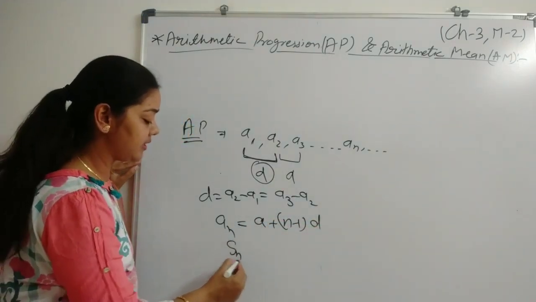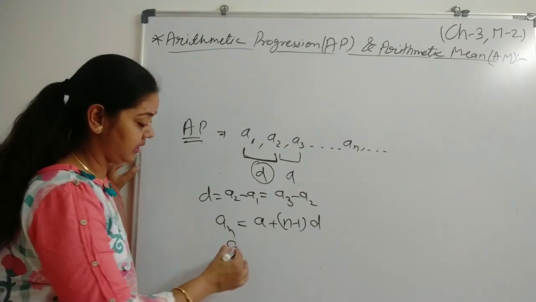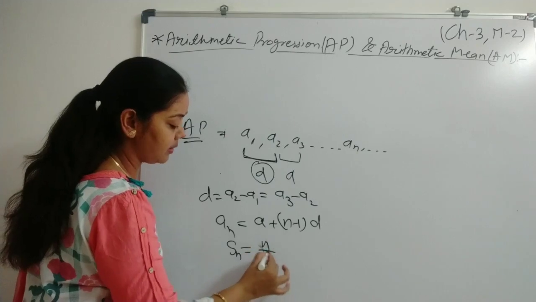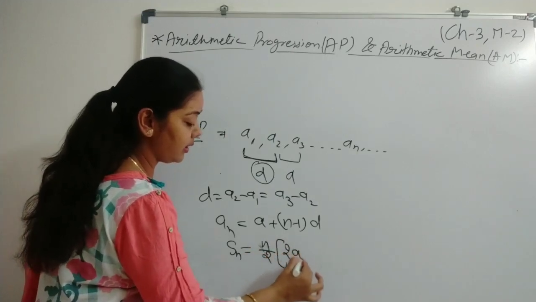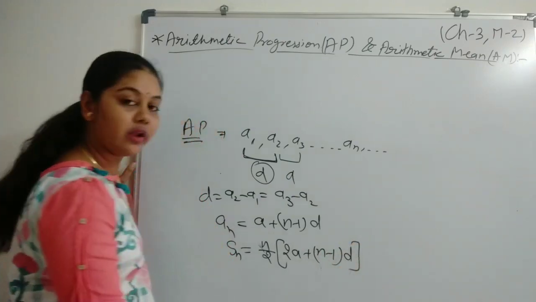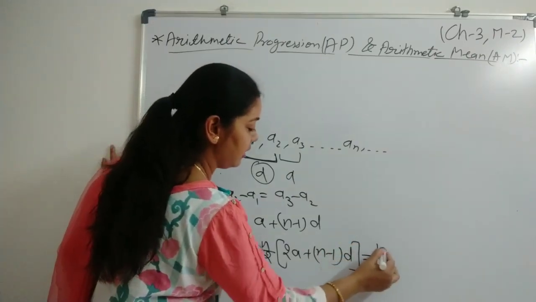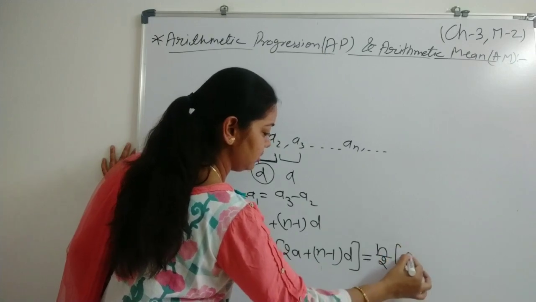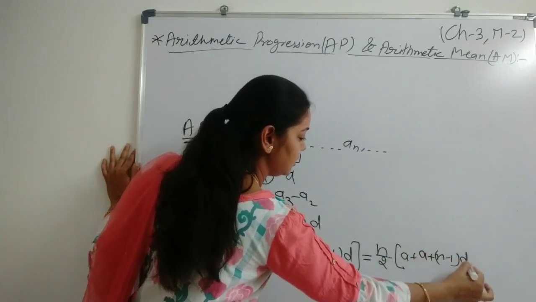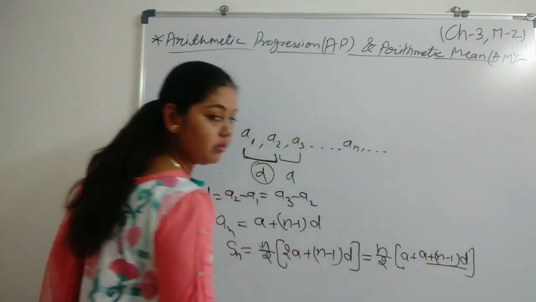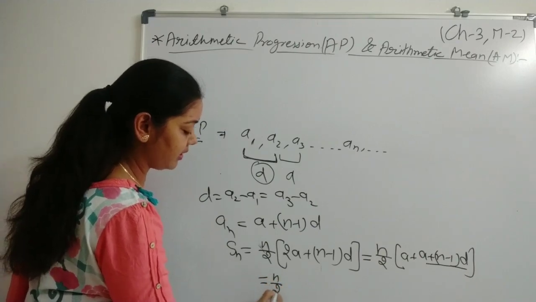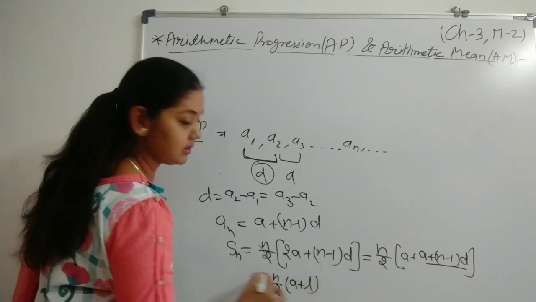And the sum of n terms, denoted as Sn, could be found using the formula n by 2 into 2a plus n minus 1 into d. Or I can write it like this, n by 2 into a plus l, where l is the nth term or last term.